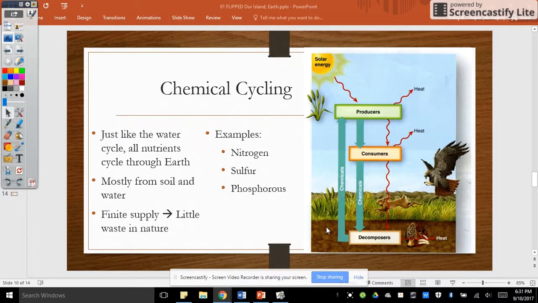Some examples of these might be the nitrogen cycle, the sulfur cycle, or the phosphorus cycle, which we'll talk about later this year. There's also the carbon cycle, which is very important if you think about CO2 and our oceans and all of that stuff. So chemical cycling is very important when we're thinking about the scientific principles of sustainability.